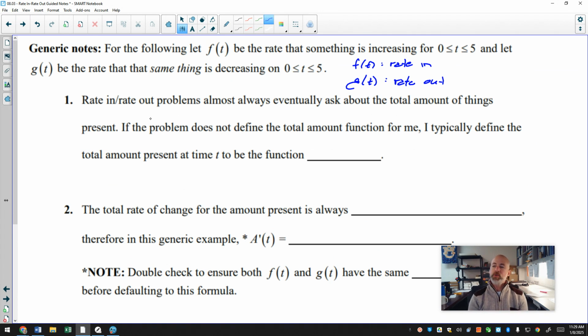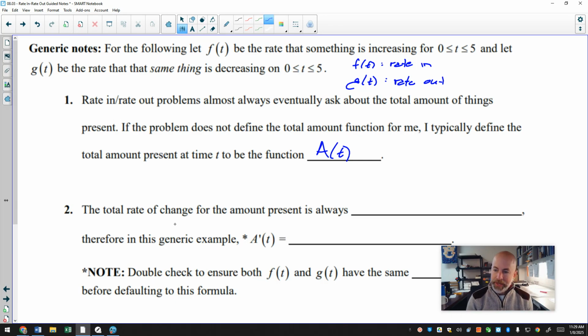And if they don't define that function for me, I will usually just make a note to myself that A of t will represent the total amount, and I choose A for amount. So A of t is the total amount, but sometimes they actually define that for you in the problem. So before I default to A of t, I'll skim through the problem really quickly just to see if they have defined that function for me.